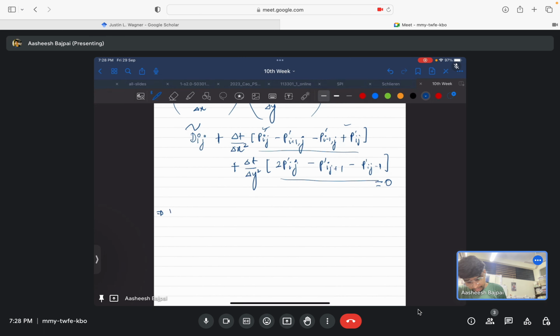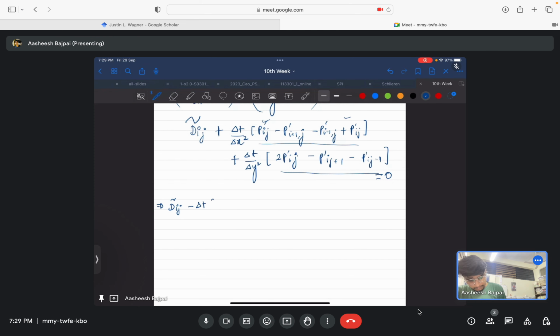So next, d tilde ij plus, or you can say minus, delta t times p dash i plus 1 comma j minus 2p dash ij plus p dash i minus 1 comma j divided by delta x square, minus, this will also become minus, p dash i j plus 1 minus 2p dash i j plus p dash i j minus 1 divided by delta y square, which is equal to 0.